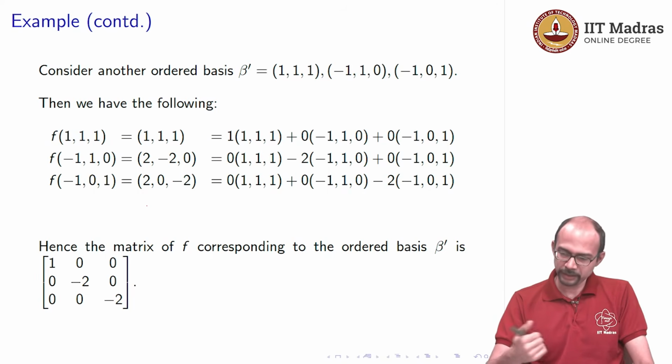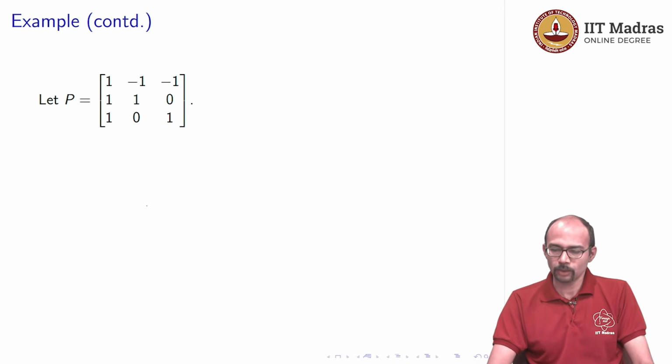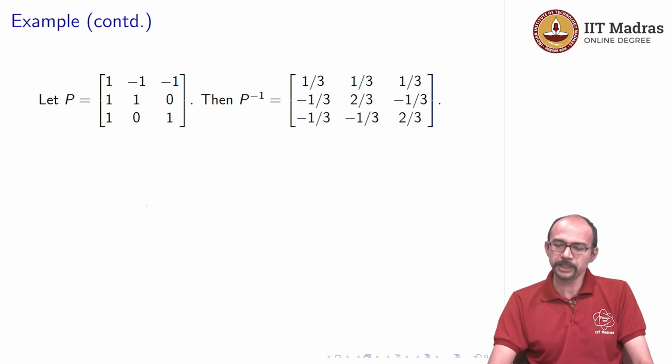But in terms of this new basis, beta prime, the ordered basis, we saw that it is a diagonal matrix.